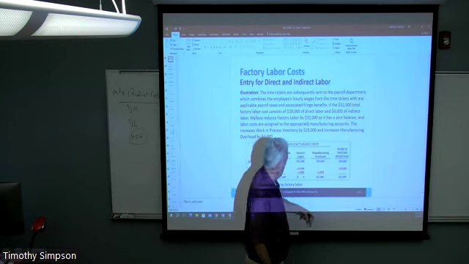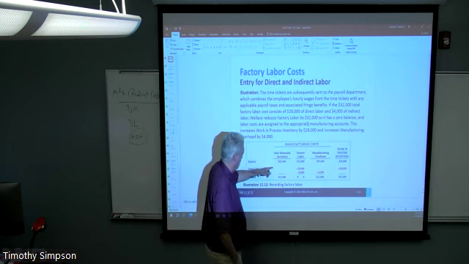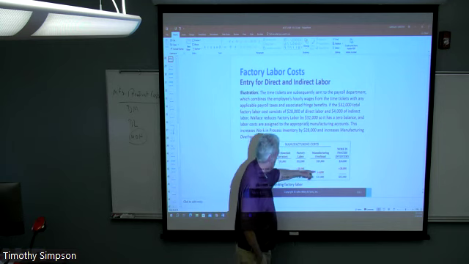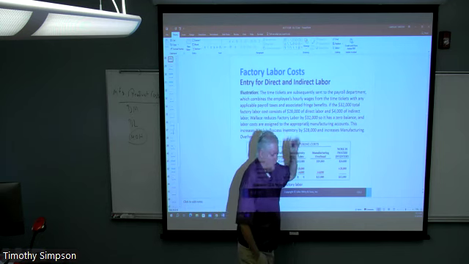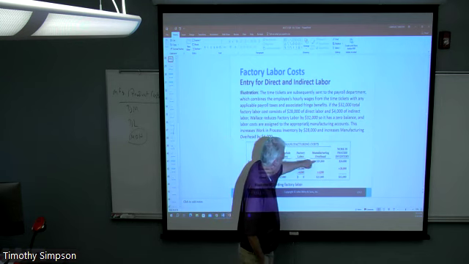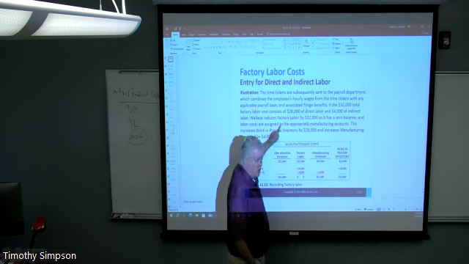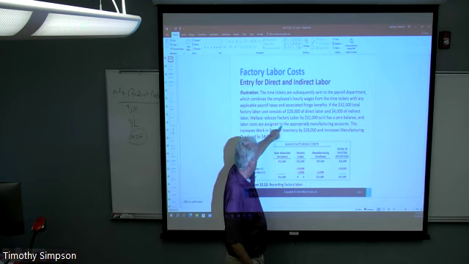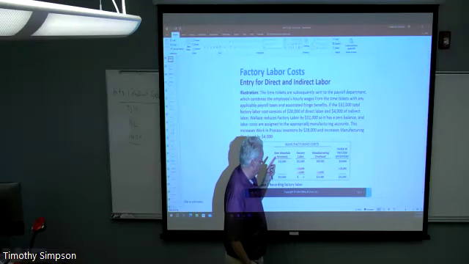Remember, we started out with 13,800, and we had 6,000 of indirect materials, I believe. The 13,800 was based on all kinds of things, insurance on the building and all that. And we had 6,000, which brought us to 19,800. Then 4,000, which was the last entry into manufacturing overhead, where we picked up 4,000 of indirect labor and put that into manufacturing overhead. Okay.